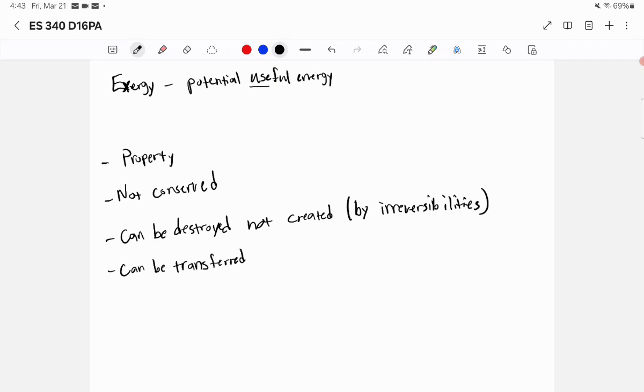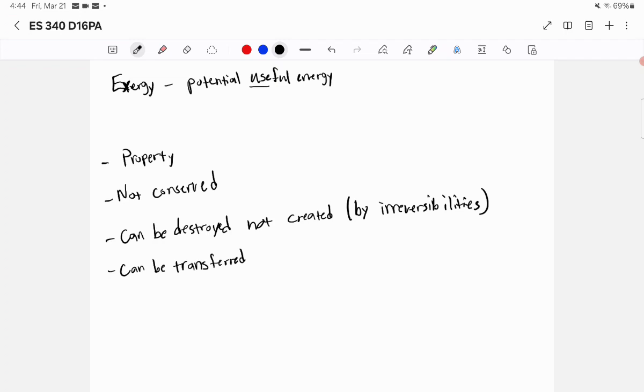So energy is conserved, mass is conserved, right? But entropy, as you should remember from the last chapter, was not conserved. And in fact, it can increase. Entropy can be created and obviously transferred between systems, but it can be created.